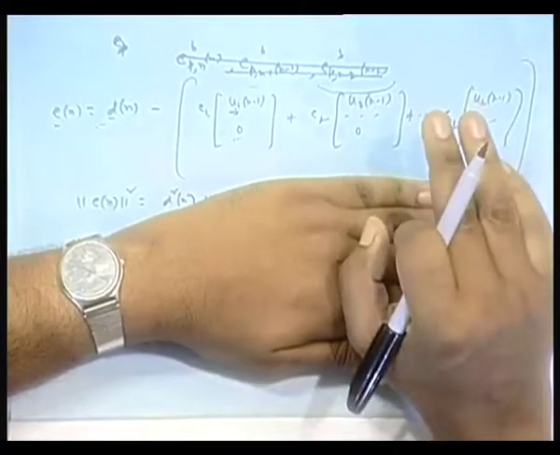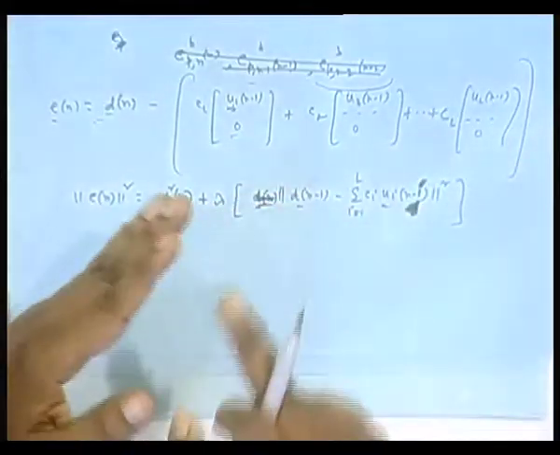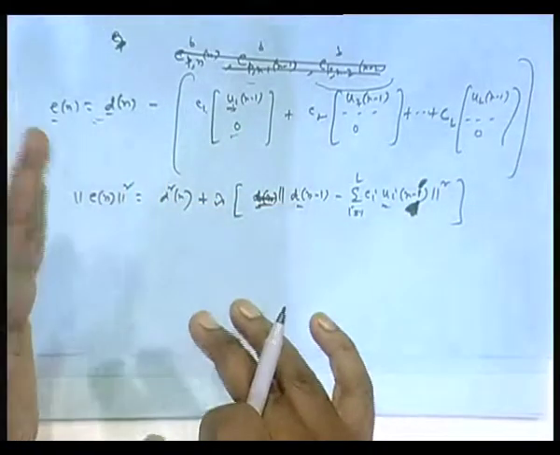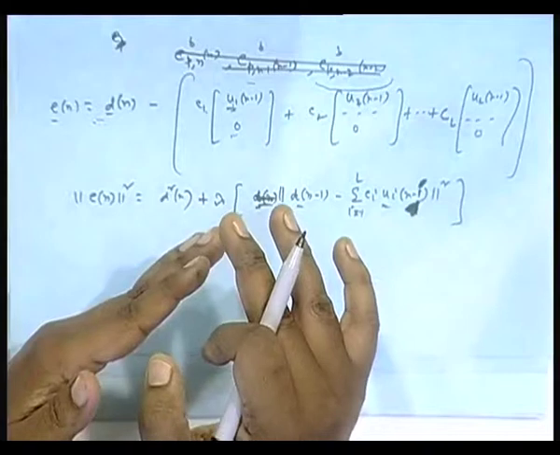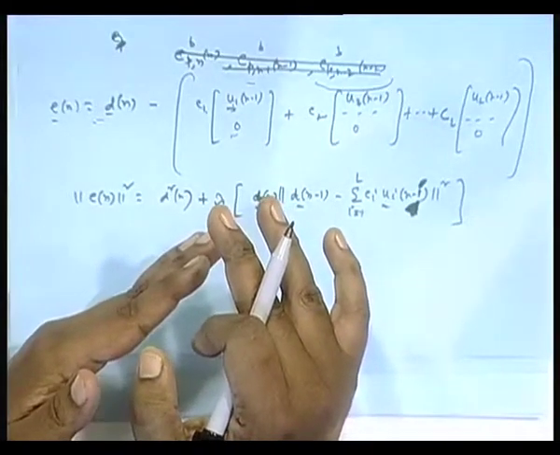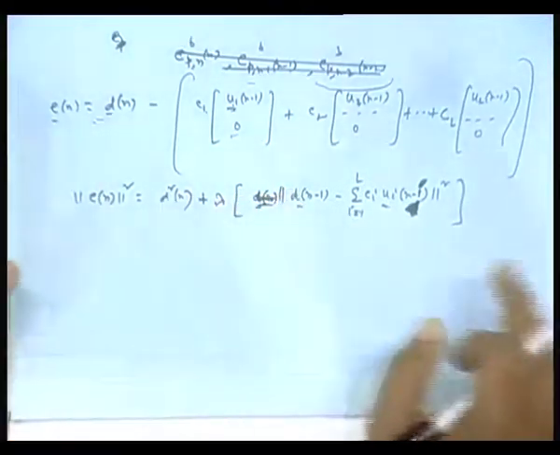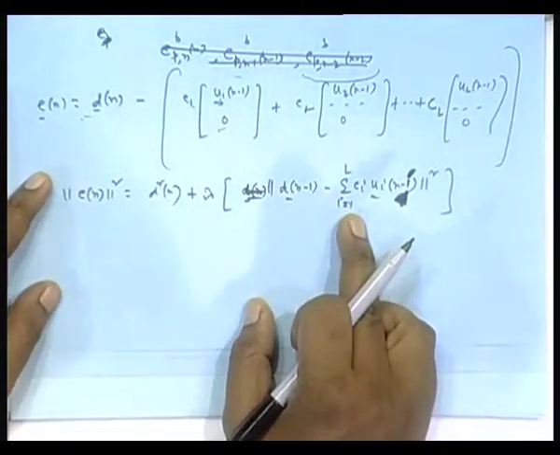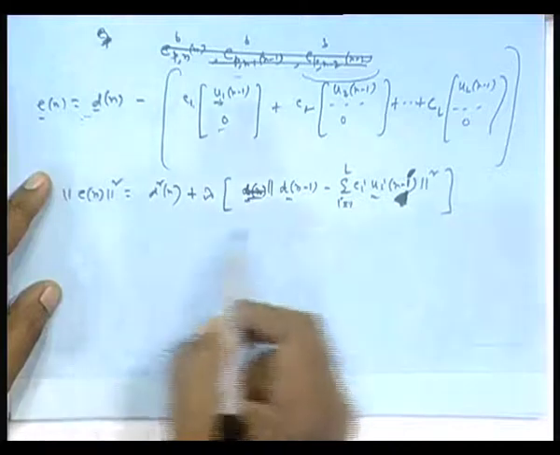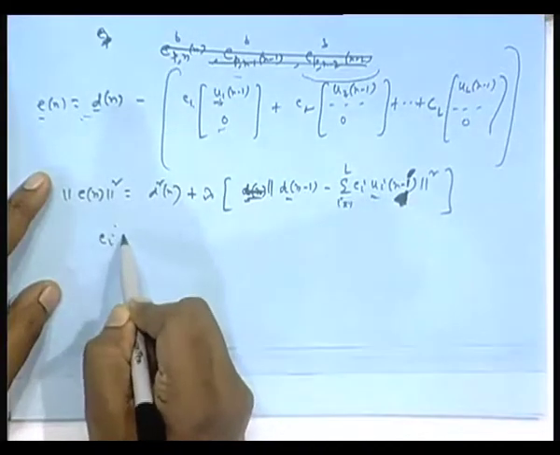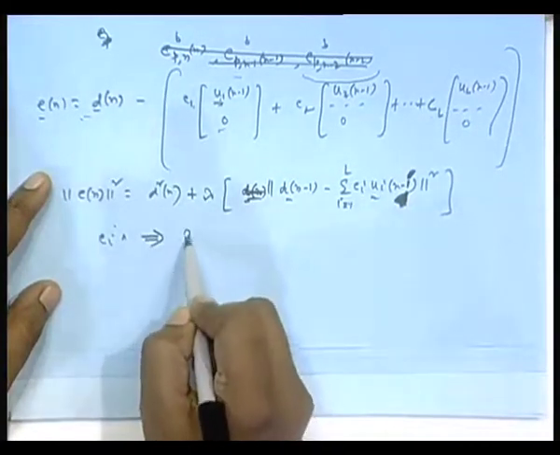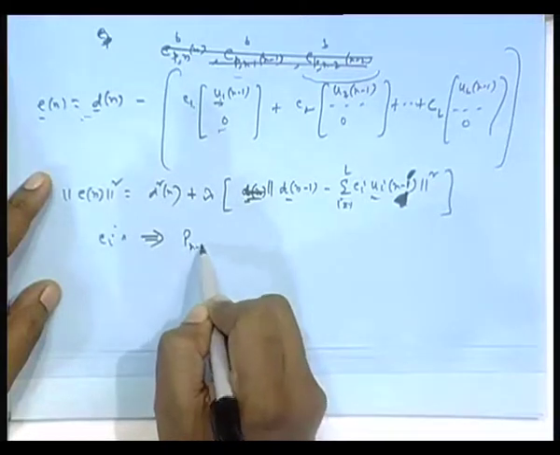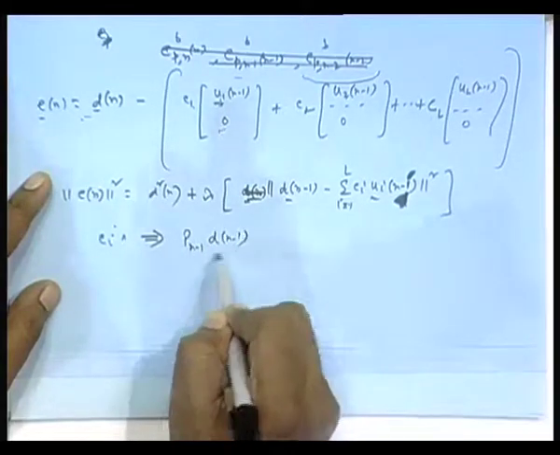That projection is the projection P subscript n minus 1 of d n minus 1, isn't it? You get those combiner coefficients, those Ci which give you this component, P n minus 1 d n minus 1.